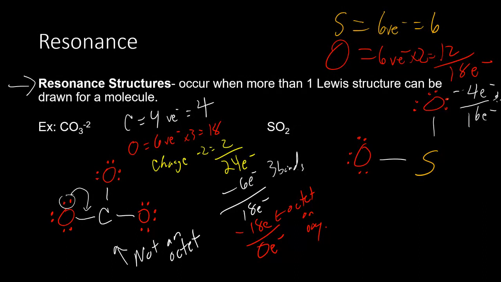That's 1, 2, 3, 4, 5, 6, and then 7, 8 from the bond. Again, 1, 2, 3, 4, 5, 6, 7, 8 from the bond. So that's 12 that we've lost, and that's going to give us 4 left.